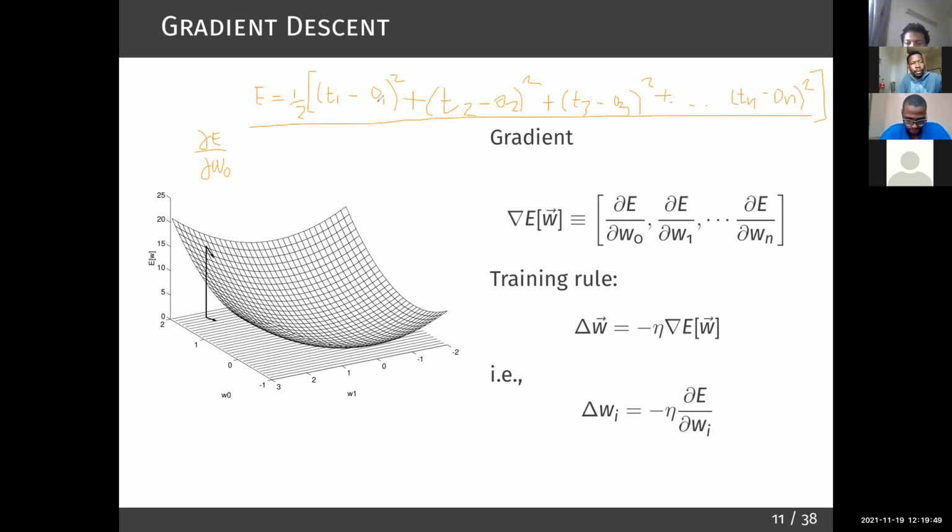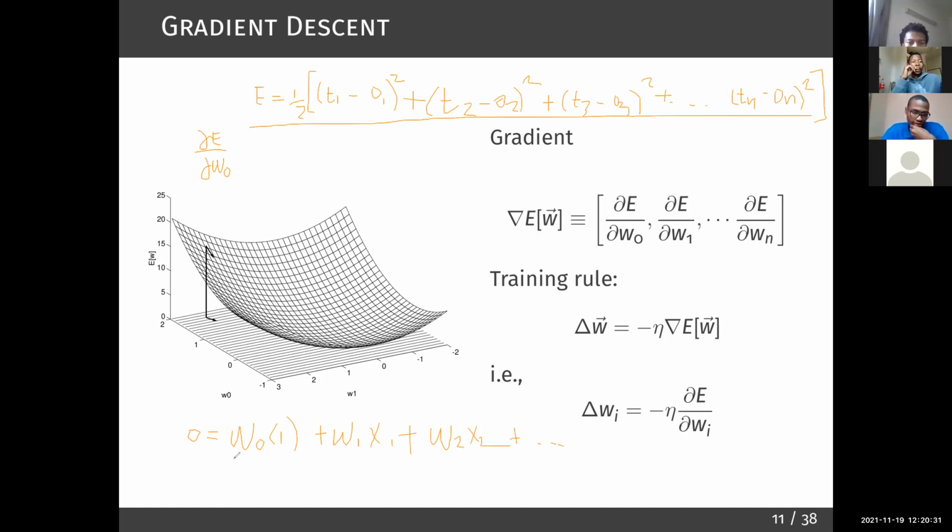So what are O1, O2, and O3? They are based on the input X: W0 times 1, plus W1 X1, plus W2 X2, and so on.